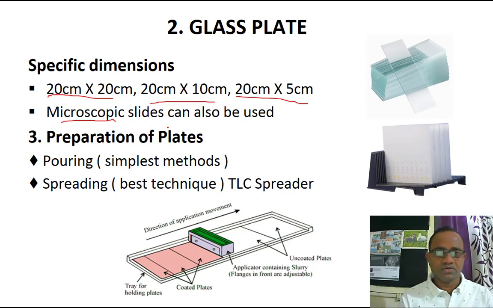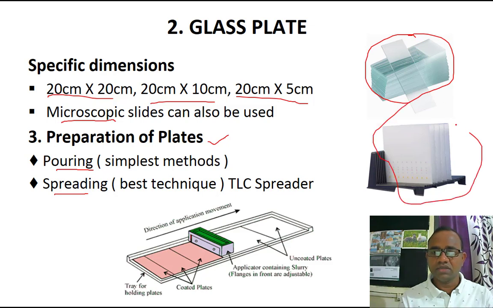Okay, so when we have to prepare a glass plate, either we can pour the gel material onto the glass simply, or we use the spreading technique. With the help of a spreader, we can spread a thin layer of silica gel. So this is the microscopic slide you can see, and these are the glass plates.